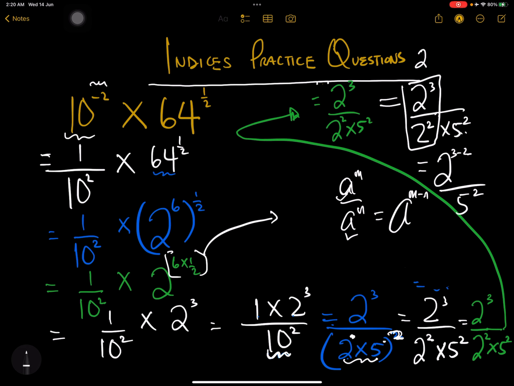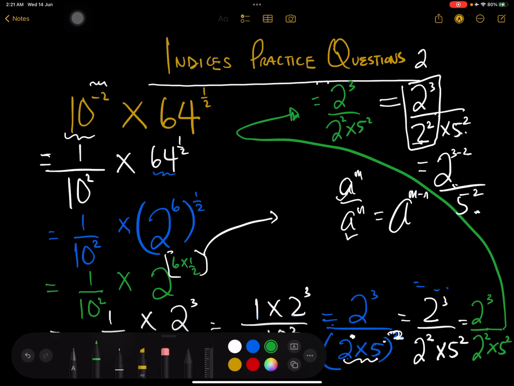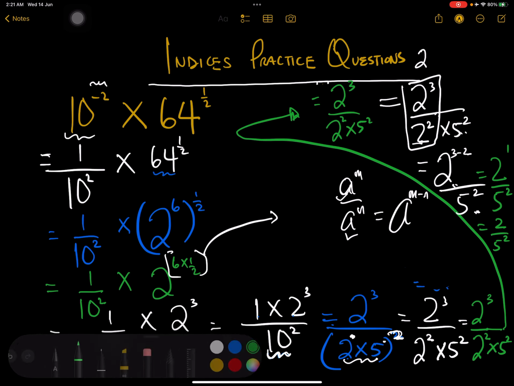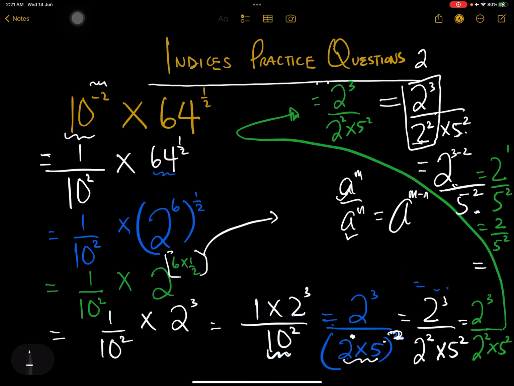And then this one goes up here. And we're going to have 2 to the power of 1 divided by 5 to the power of 2, which is equal to 2 divided by 5 squared, which gives us 2 divided by 25.